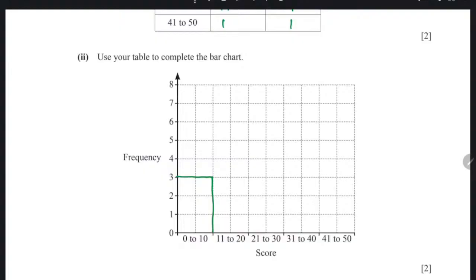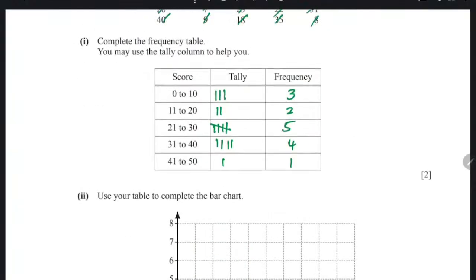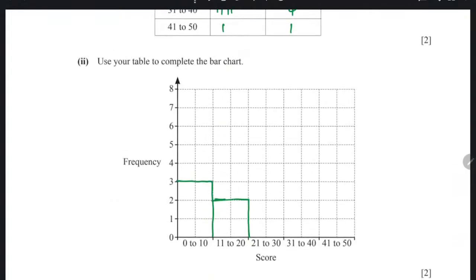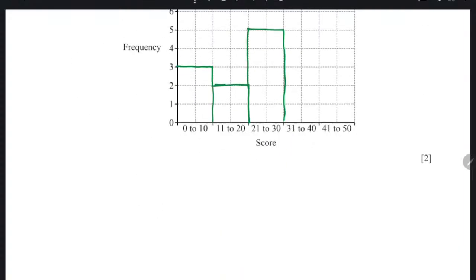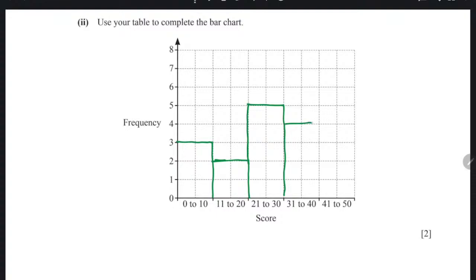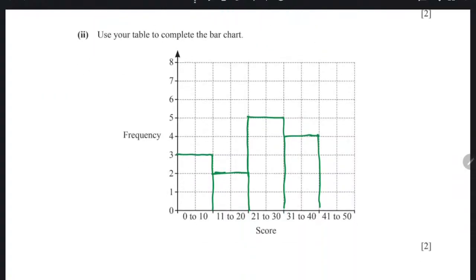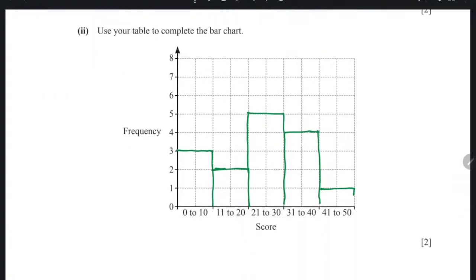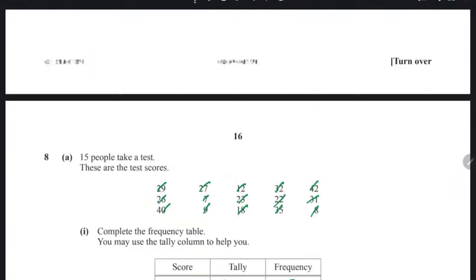So it is 2 on 11 to 20. 21 to 30, it is 5, so you go to 5. 31 to 40, it is 4, so you go on 4. 41 to 50, it is 1, so you make it a 1. Well done. We move on.